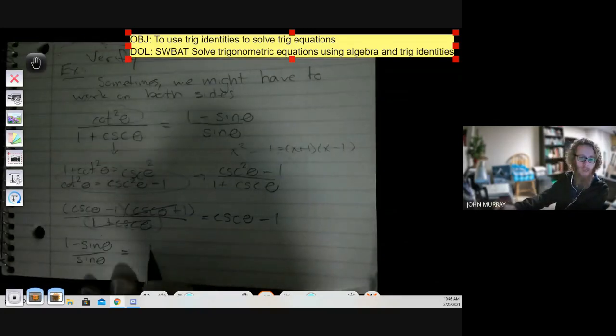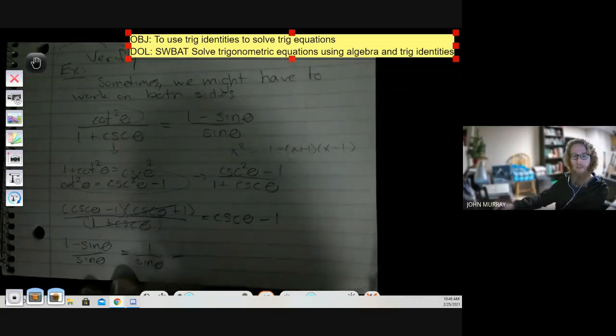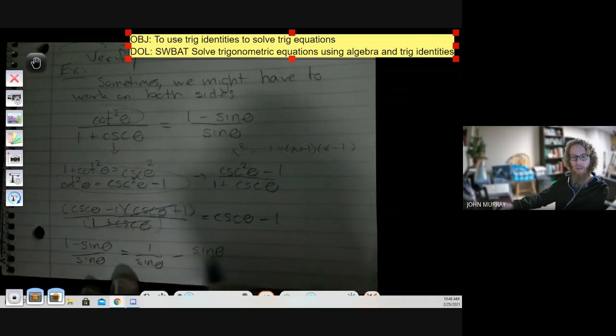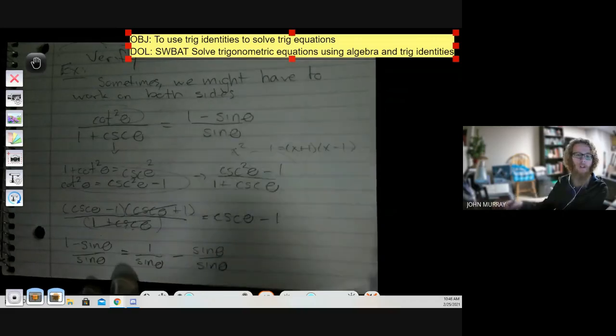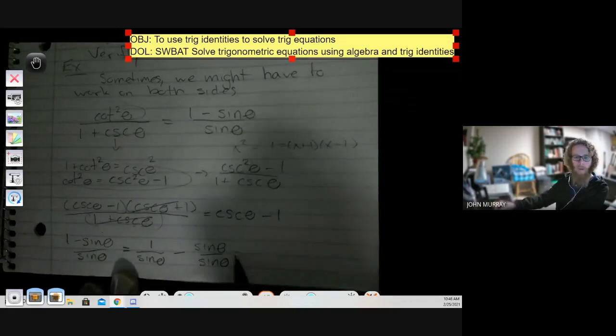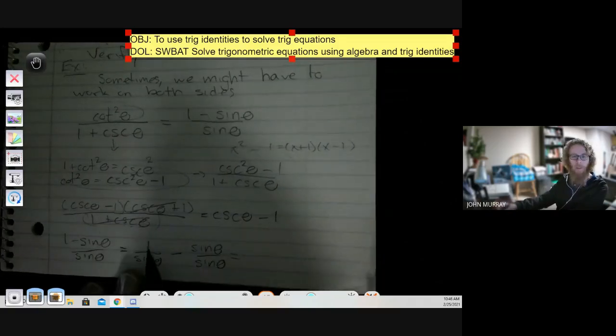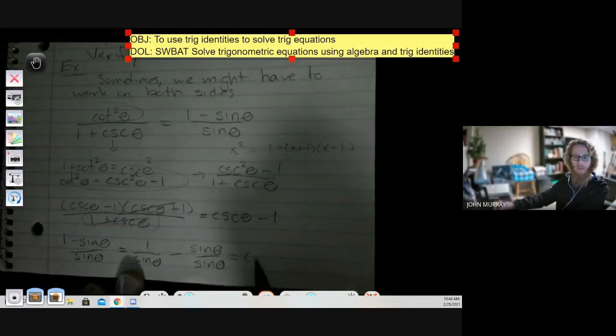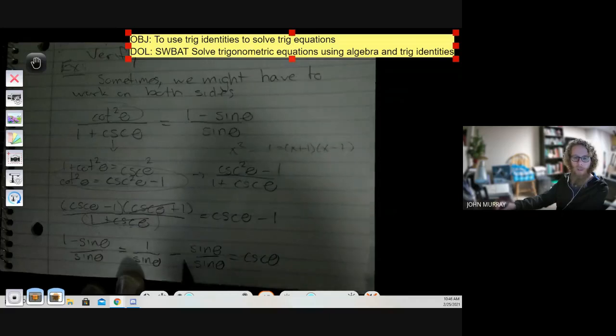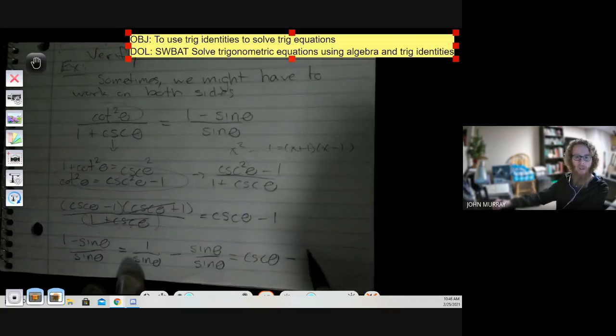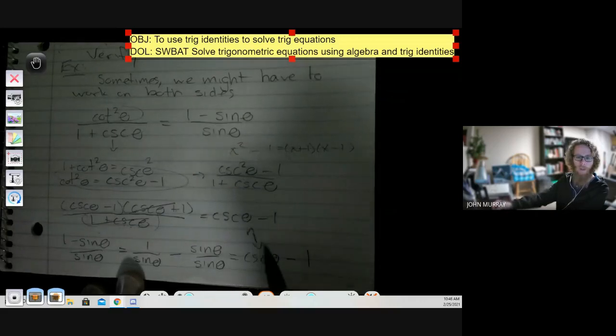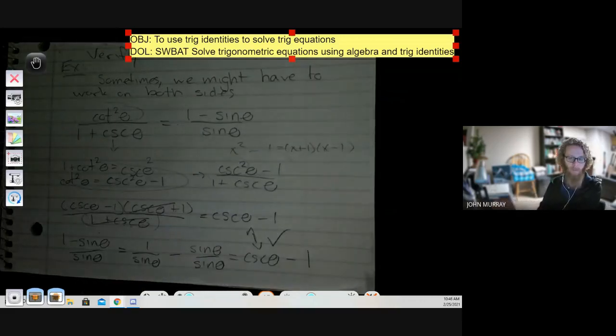So I'd have 1 over sine minus sine over sine. If I simplify this, 1 over sine is cosecant, minus, and anytime we have something over itself, that's always 1. So we got them both to match up.